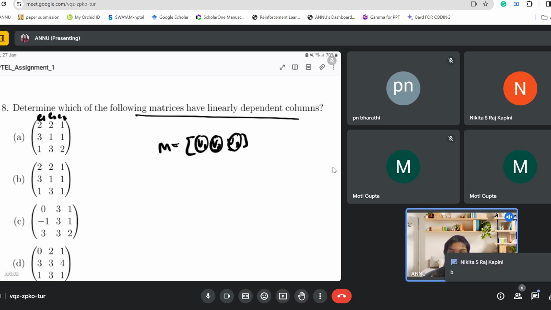Okay, B. Nikita told. I'm waiting for Moti's answer or Bharti's answer. Moti also told.